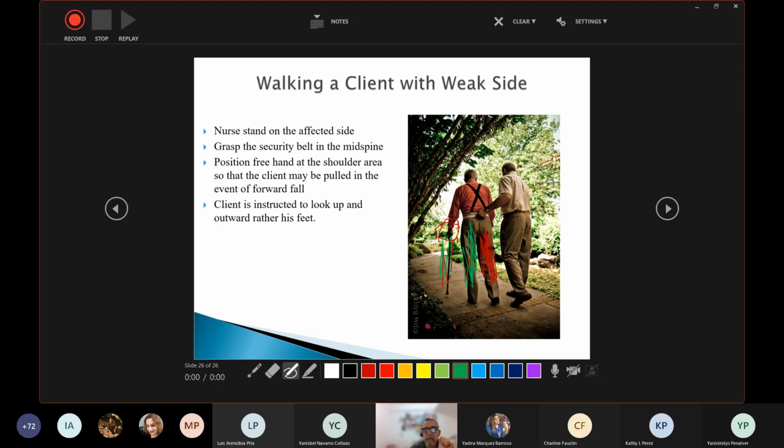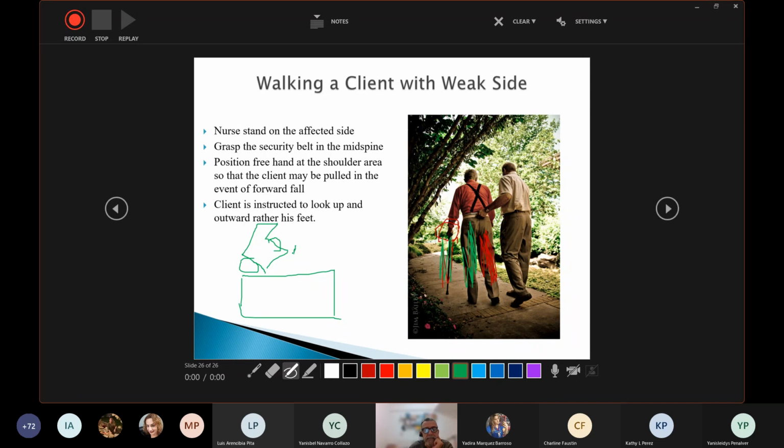That's why the cane is held on the strong side, and the person helping the client is on the weak side. When you have a patient going from bed to wheelchair, please place the wheelchair on the strong side of the client.